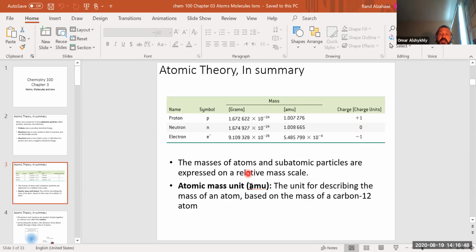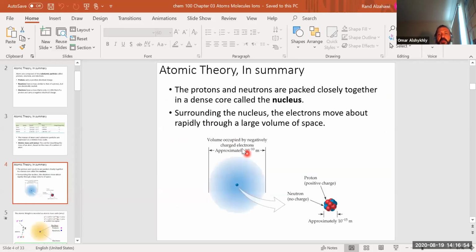Okay, so let's go to this slide. Protons and neutrons are packed closely together in a dense core called the nucleus. Inside the nucleus, you will find the protons and neutrons. Outside the nucleus, it's just empty space, and the electrons move in it. Look at this very, very small space here in the atom.